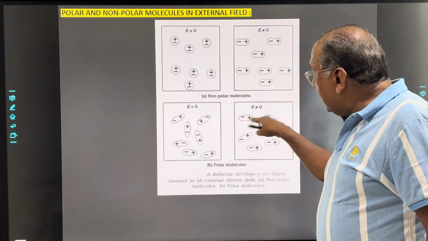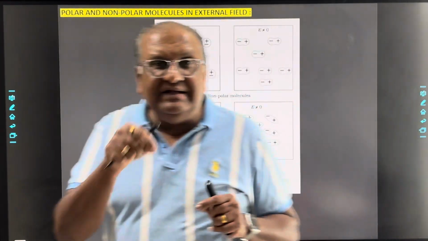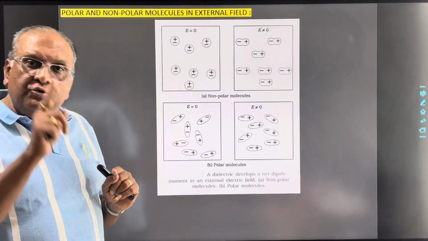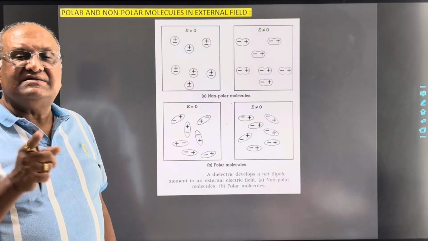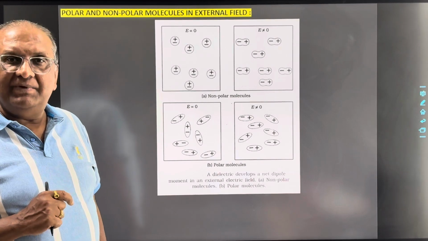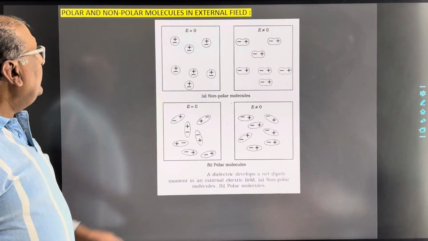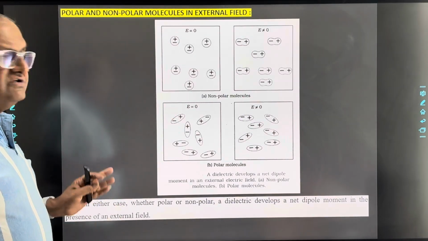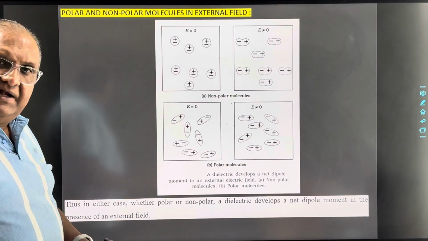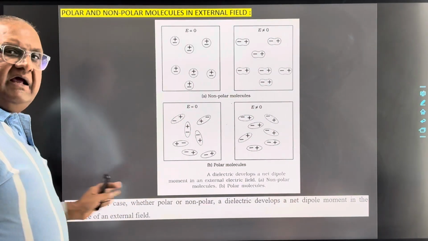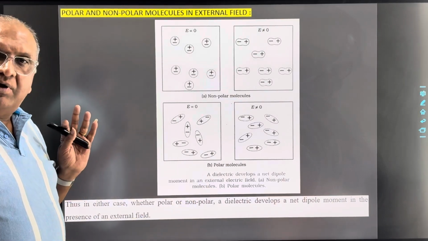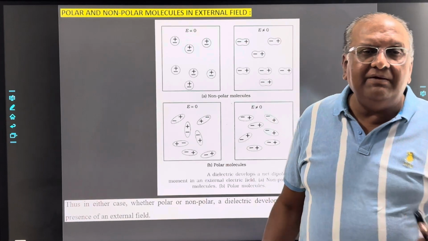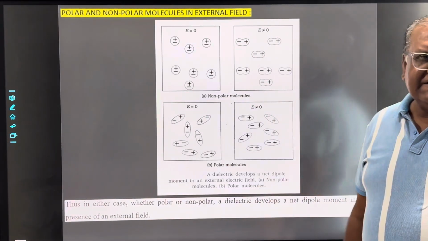So all the dipole moments will try to align themselves in the direction of the field, and due to that again you will get some net dipole moment. Clear? So if non-polar or polar molecules are placed in the external field, both will have some net dipole moment, or we can say some net dipole moment will be developed in both types of substances here.